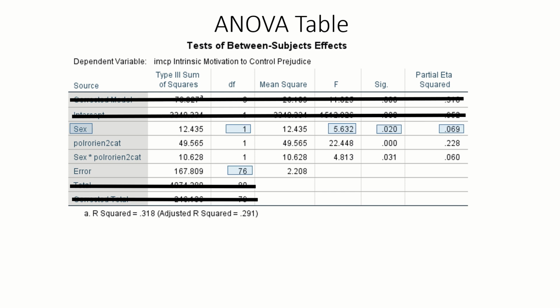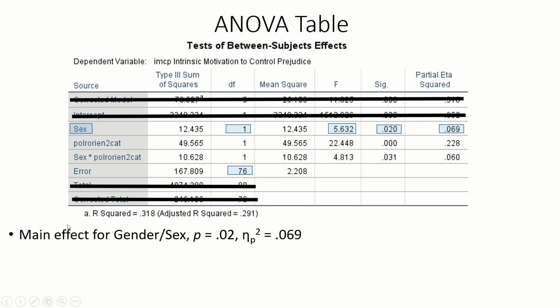So let's first look at the main effect of gender/sex here, right? So if we were writing this up, we would pull 5 numbers from the ANOVA table, just like we did from the one-way ANOVA, where we have the degrees of freedom between, degrees of freedom within, F value, sig value, partial eta squared value. I just want to focus in on the p value and partial eta squared value here, right?